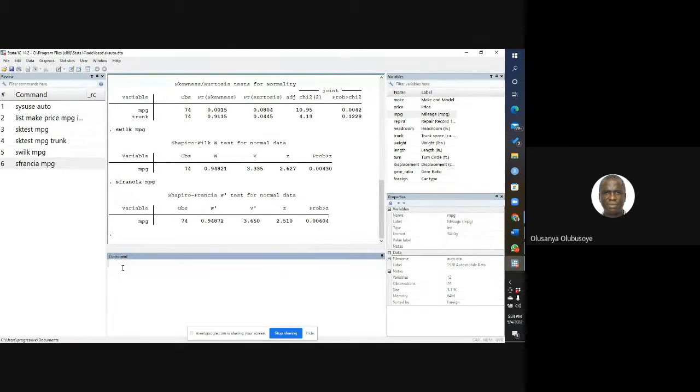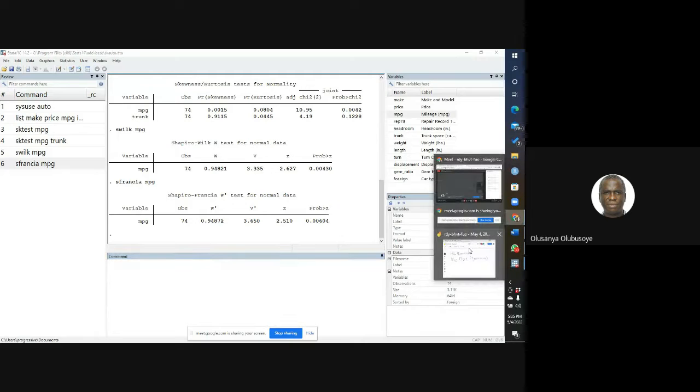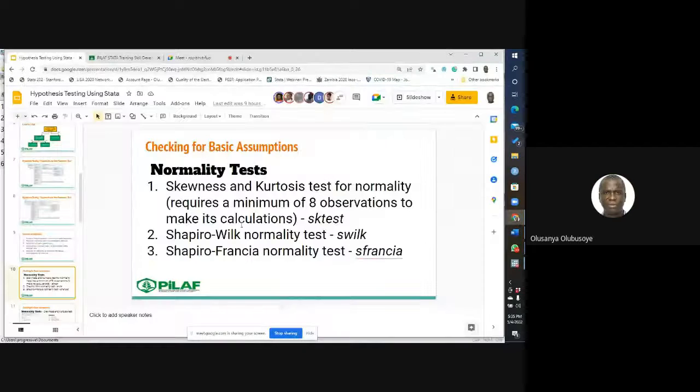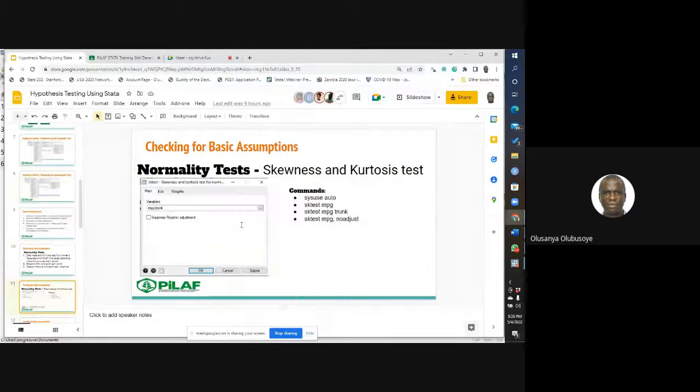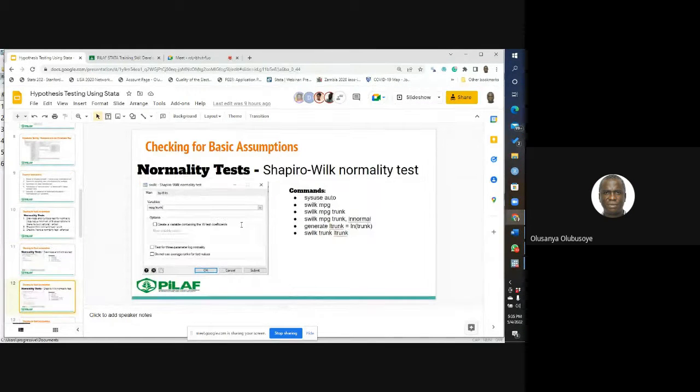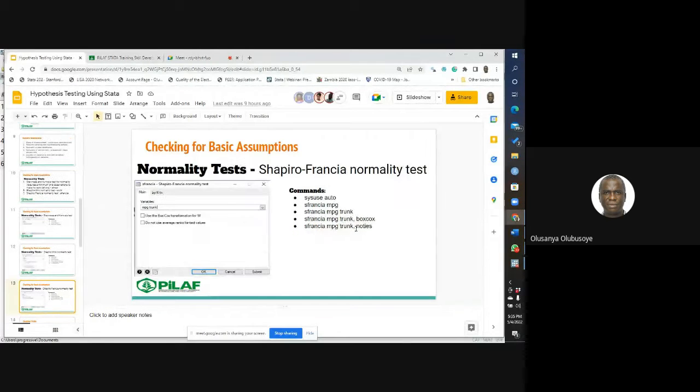We can now move on. Now the t-test. We have done this. All these other ones that I didn't run, please try to run them and explain on your own.